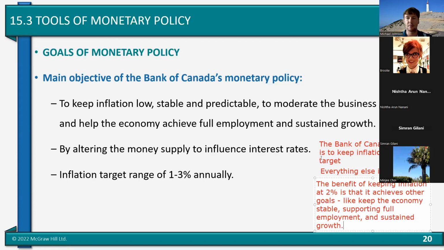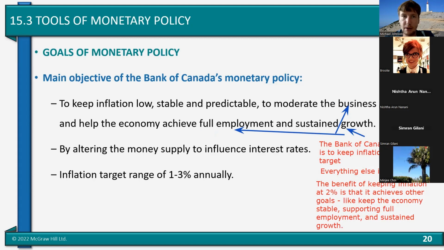If you keep inflation at 2%, you can achieve all these.